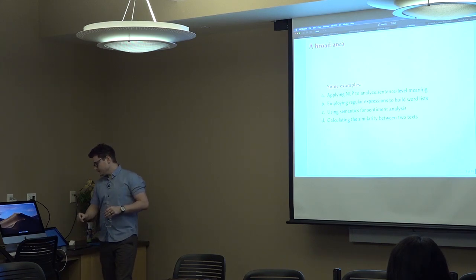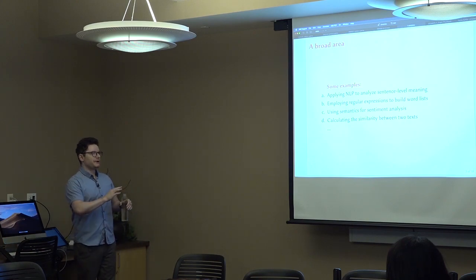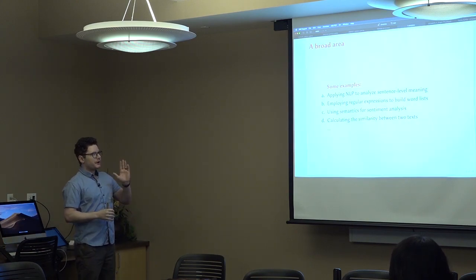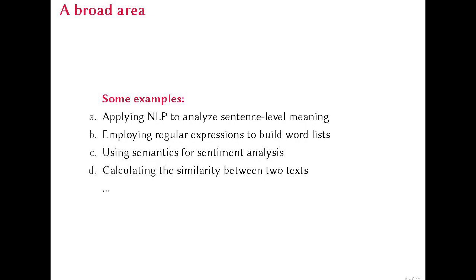So there are different terms that people use, and they are usually very vague. When people say computational linguistics or language analysis using statistics, it could mean a lot of things, right? It could be that you're talking about natural language processing to look at sentence level meaning or word tagging. This is a very common interpretation of the word computational.